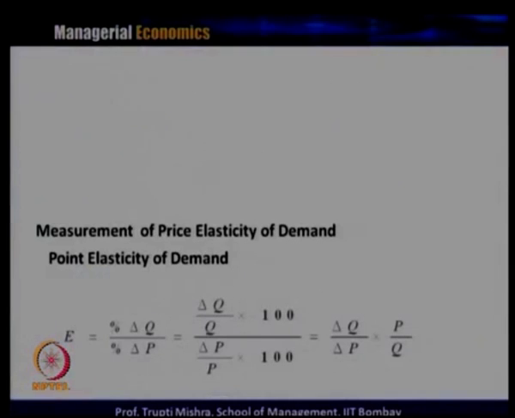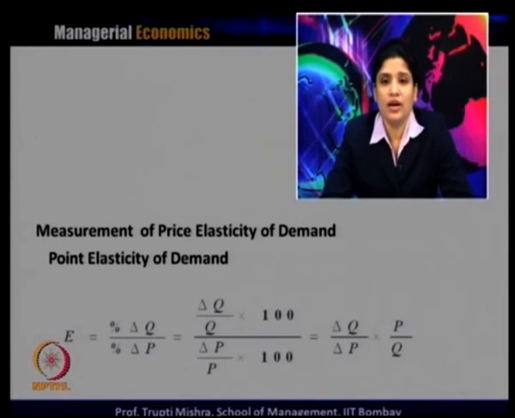So, in case of measurement of price elasticity of demand, we follow the same formula again, that elasticity is the percentage change in the Q over the percentage change in the price, and if you simplify this, that gives you del Q by Q multiplied by 100 and del P upon P multiplied by 100.